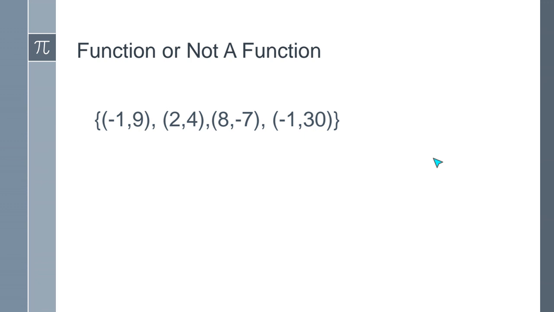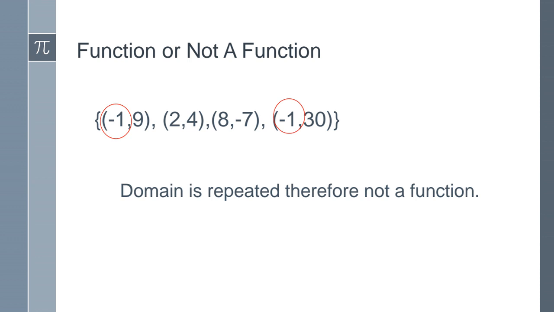It would be not a function because it's repeated, right? The -1. Correct. Okay. As you can see, our -1 is repeated twice. Therefore, this is not going to be a function.